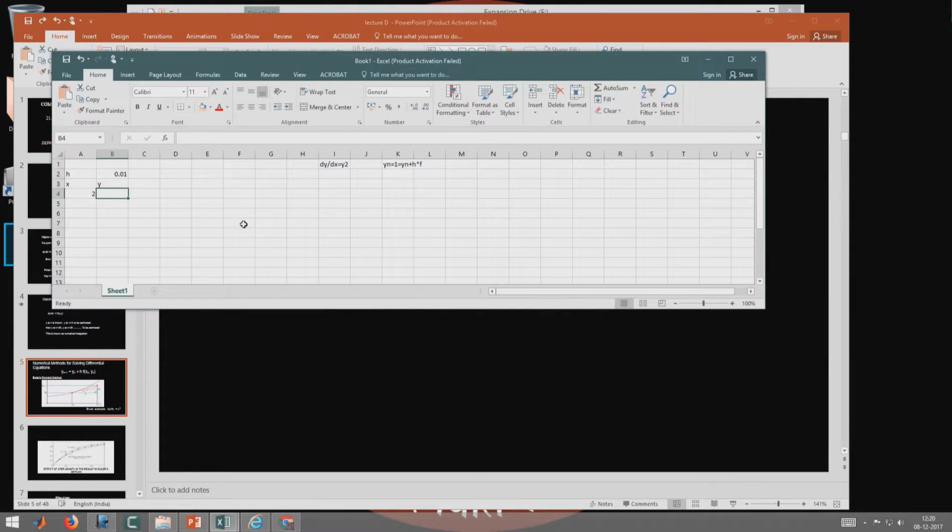So we will take this, plus the h step length, okay, multiplied by the y square. That means we take this raised to the power 2.